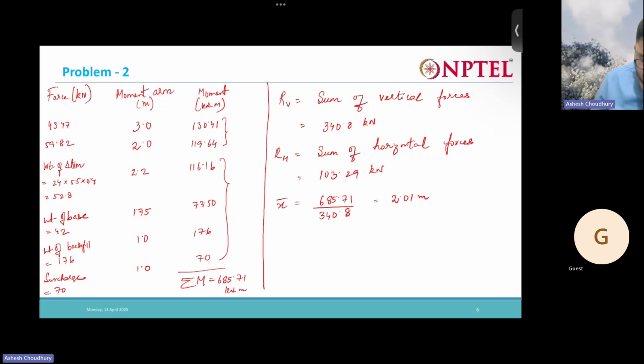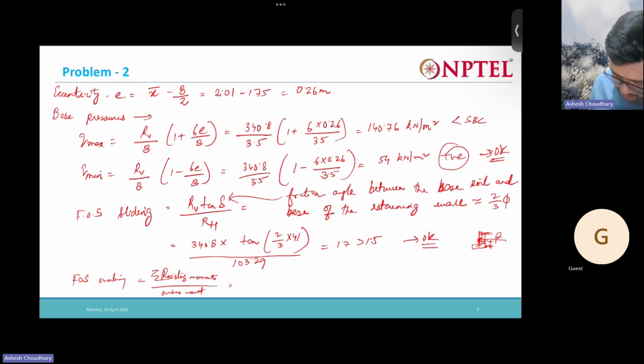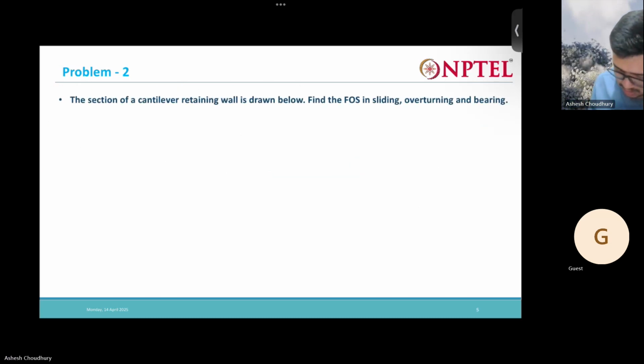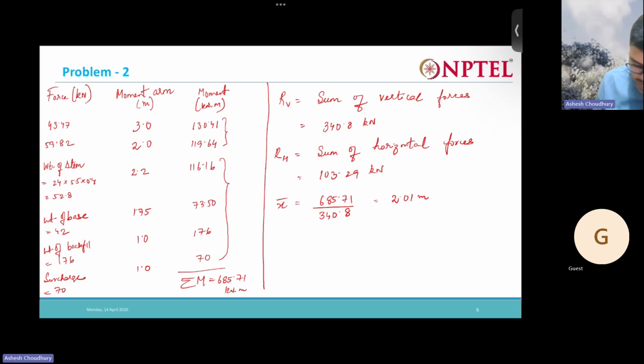If I add the bottoms, I get 116.16 plus 73.5, 176 plus 70, it is 435.66.